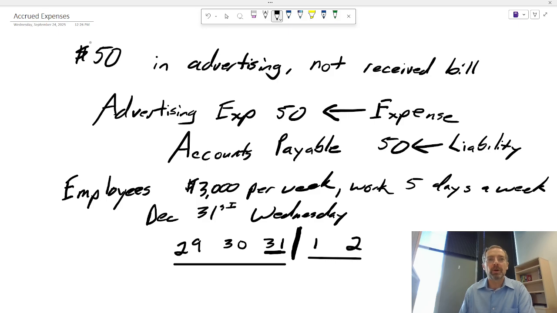And we would probably be paying our employees on the 2nd or maybe sometime the next week. So we have to be careful that we haven't recorded that we paid the employees or we owe them, in which we probably haven't, and we need to make sure we have this cutoff.